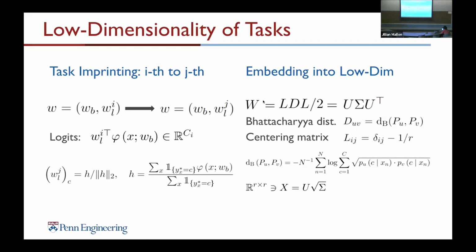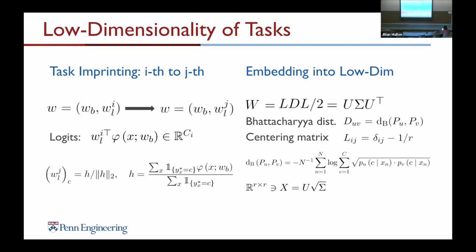And since we gather all the task trajectories, we can embed them into a low dimension together. We have given the eigen decomposition of a W matrix in the PCA. It's equal to half of the LDL, where L is just a centering matrix and D is a divergence matrix. Previously, we used Bregman divergence for theoretical motivations, but one can check that it actually coincides with KL divergence and is equivalent.